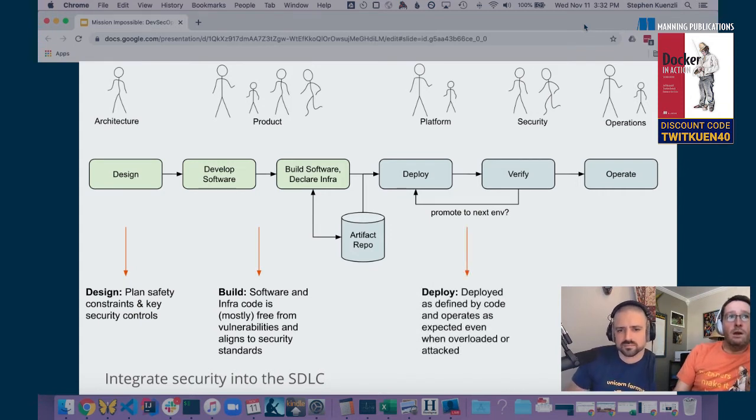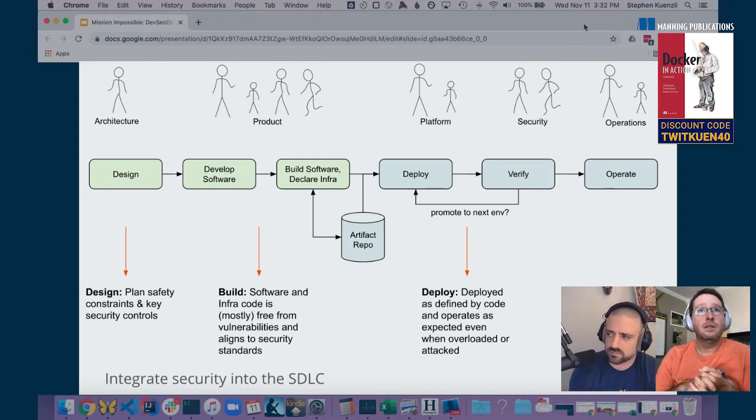And in the deployment phase, we should be able to deploy our actual system from the state defined by our infrastructure code, by our software application configurations. That could be a Docker container or a deployment spec or a Helm chart, something like that.